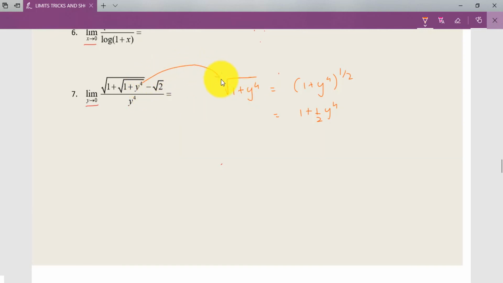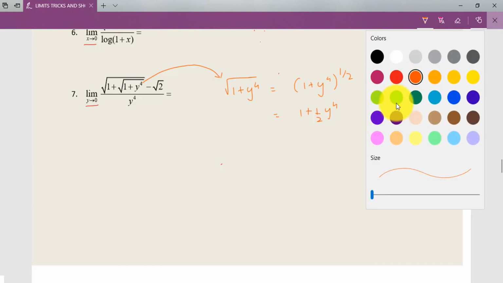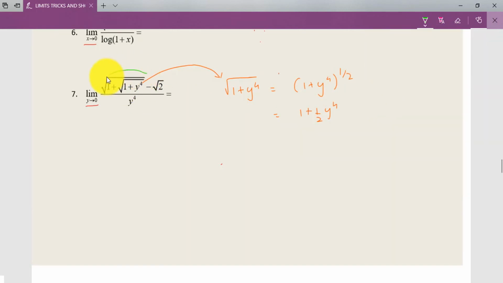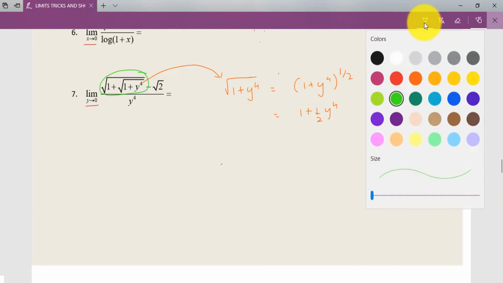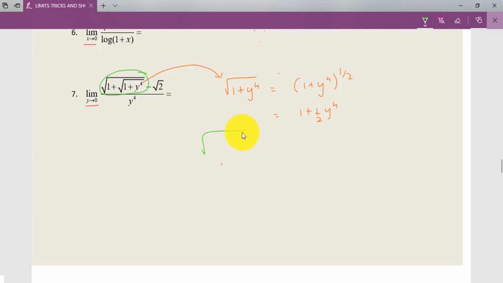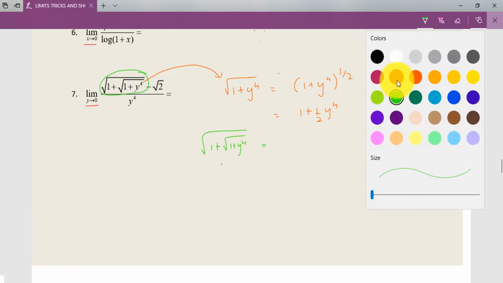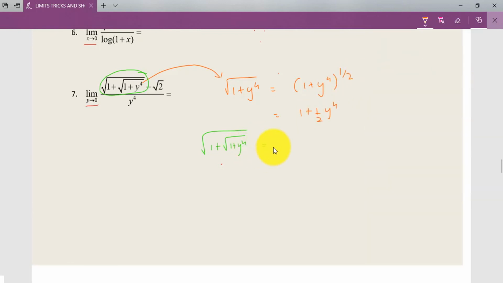Now I will take this equation, the square root of 1 plus, this is 1 plus y power 4. This one I will write here, then 1 plus, what is the value of this?